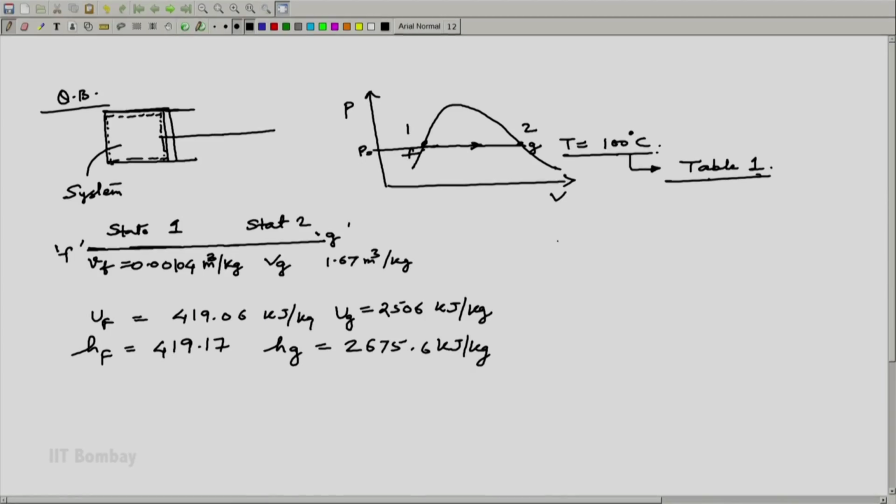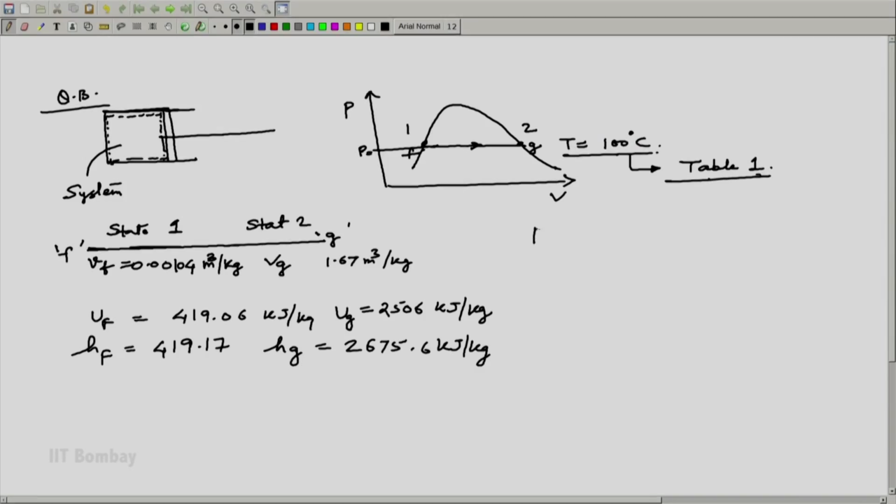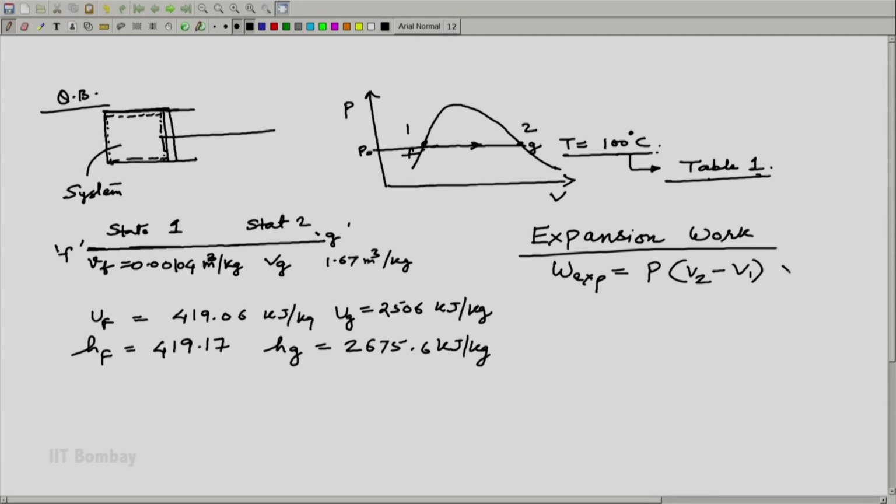Now, we understand that the process of expansion is a constant pressure process. So the expansion work W expansion is equal to, because this is a constant pressure process, P into (V2 minus V1) into m, and V2 is nothing but vg, V1 is nothing but vf.